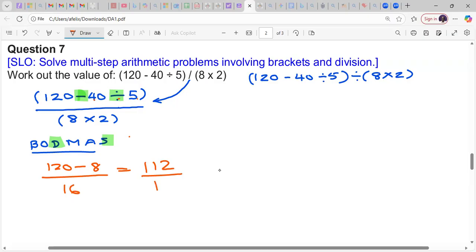So this becomes 112 divided by 16. We can do one of two things. We can simplify this further. Let's see what the calculator gives us. Seven. So this becomes 7. That's our answer.